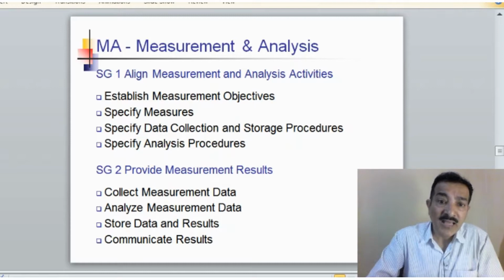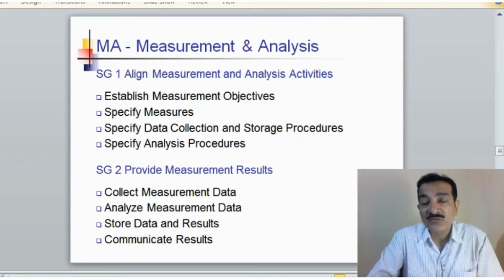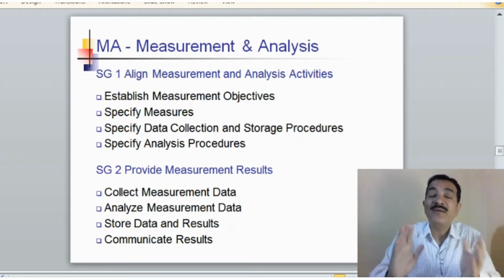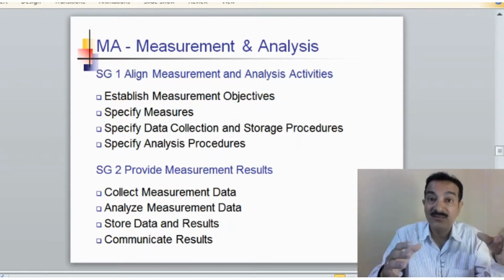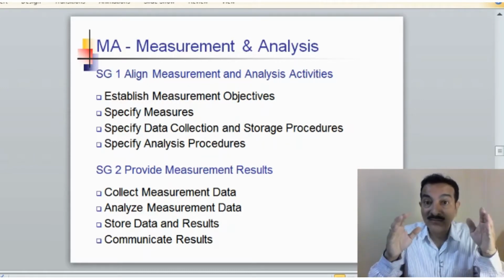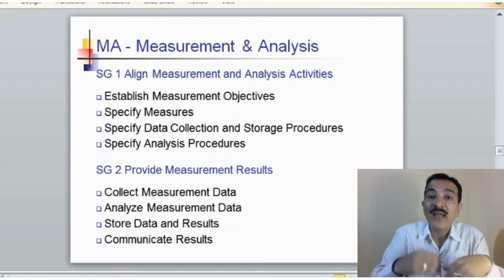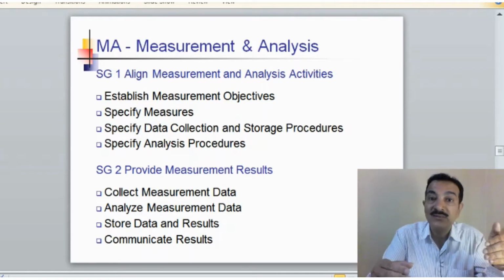So in align measurement and analysis, you will establish the measurement objectives. So you will have to know what are the things that you are going to measure, and whether you will interact with the relevant stakeholders.